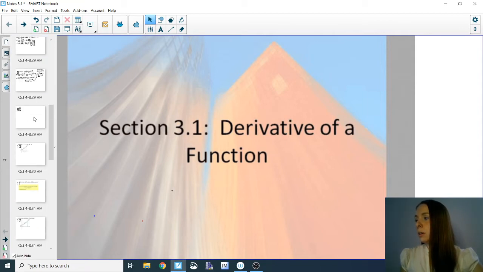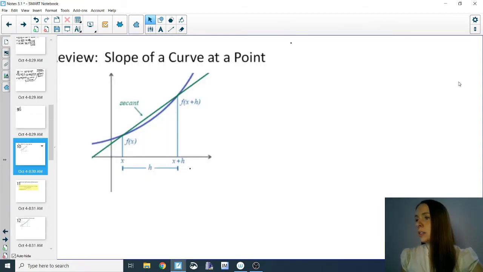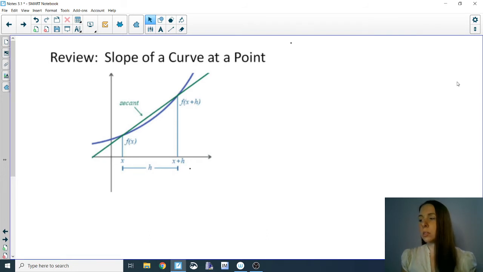We are right here, and this is something that's not in the guided notes. However, I just wanted to start here to remind you that this is something that we talked about in video 1, where we just had a curve. That's what you're seeing with the blue part of the graph. And we defined 2 points on the curve, and then we drew a secant line through those 2 points.